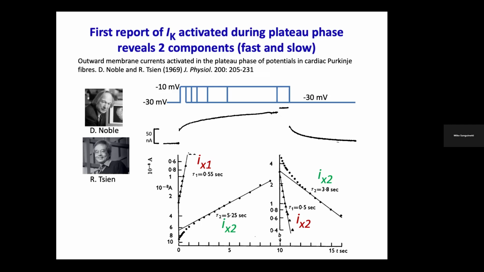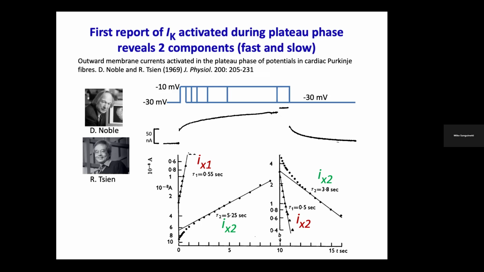But what they described in this initial paper was both the onset of the current and the tail current, deactivation of the current, was composed of 2 components defined by the rates at which these things develop. So there's a fast time constant and slow time constant for the activating current, and that's supposed to be IX1, sorry, a fast and a slow component for the tail currents.